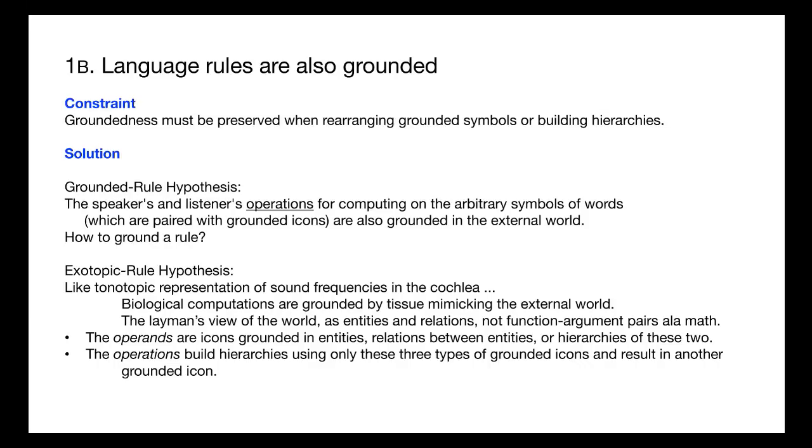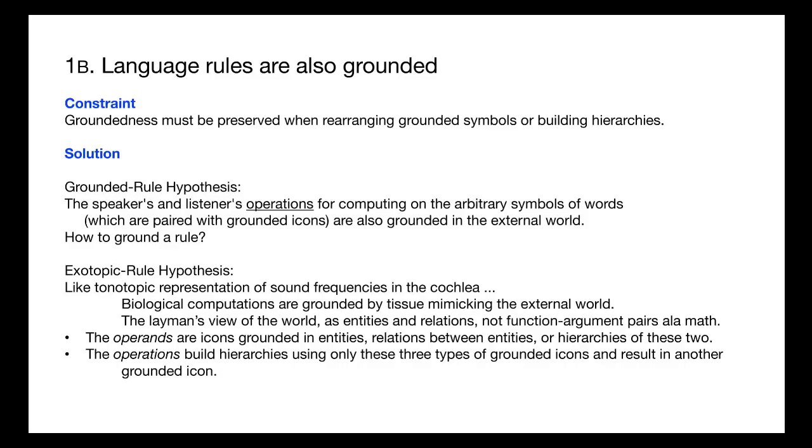So you have two entities and a relation between them. I'm going to propose that that's the structure of the world, at least as people see it. We don't see it as Hamiltonians. And second, I'm going to propose that there's something in our biological tissue, or in these rules for manipulating representations, that mimics this entity-relation-entity structure. So that's the exotopic rule hypothesis.